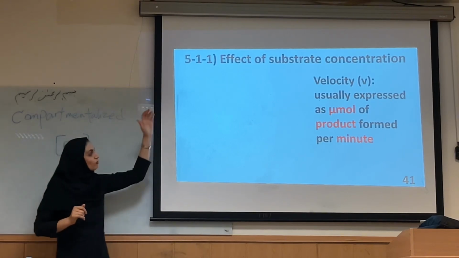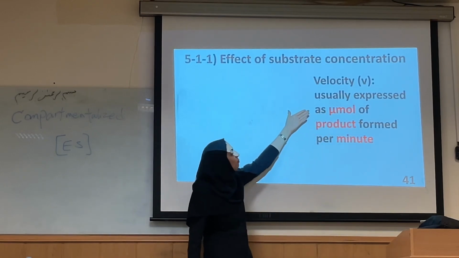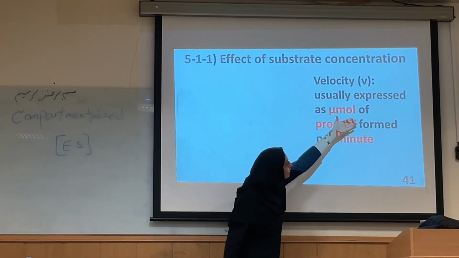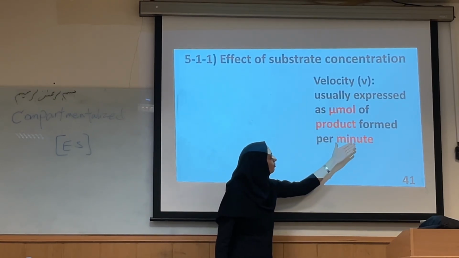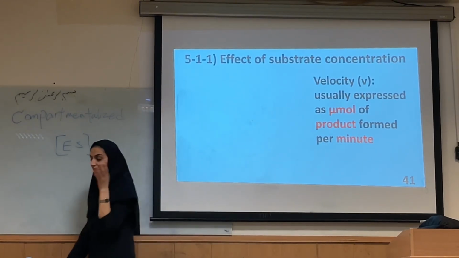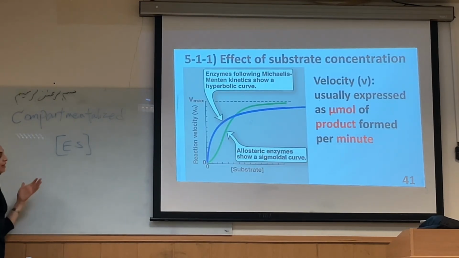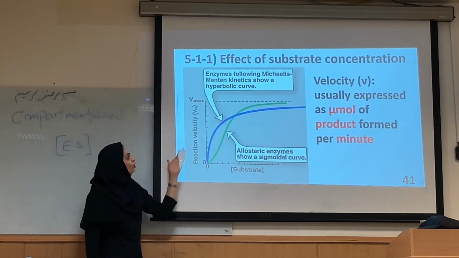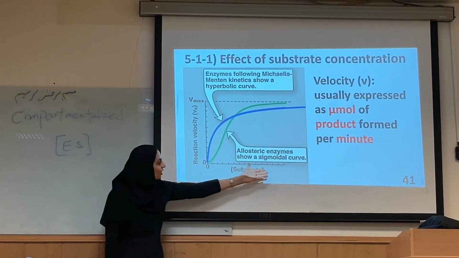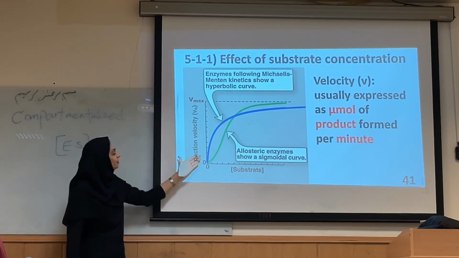Okay? The velocity is usually expressed as micromolar of product formed per minute. It's not important to memorize because they are confusing all of them with each other. But another thing that I want to tell you, you can see the substrate concentration, the effect of that on the reaction velocity.